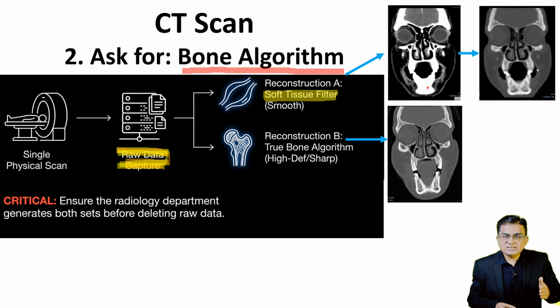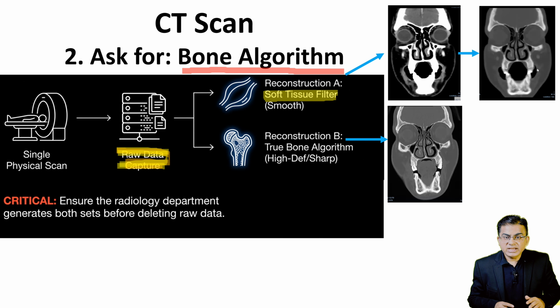Then when a radiologist starts viewing and reporting the CT, he clicks the bone window button on his screen and thinks he's looking at true bone details. He's not. What you are seeing is a bone window on a soft tissue algorithm.